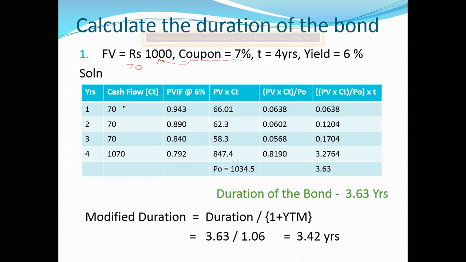So in the first year, you will receive 70 rupees. In the second year, still 70 rupees. In the third year, also 70 rupees. In the fourth year, you are going to receive the principal amount, the maturity value of 1000 rupees, plus the fourth year interest, so totally 1070 rupees. Getting my point? Any doubts up to this particular concept?